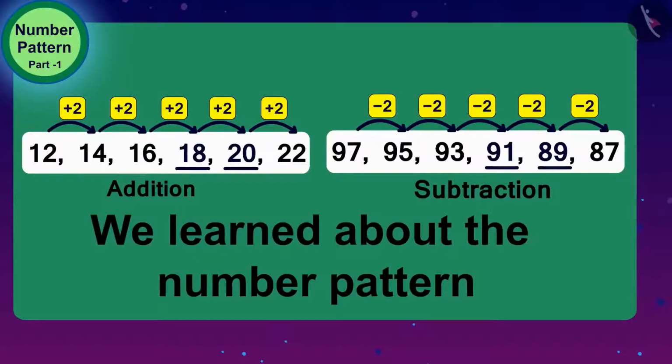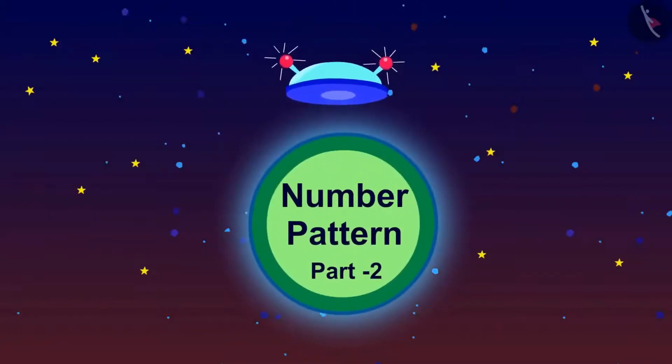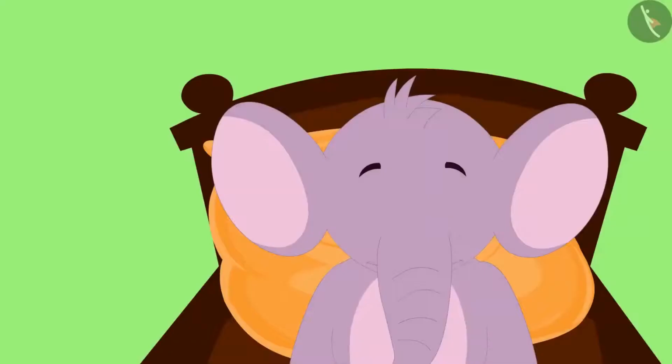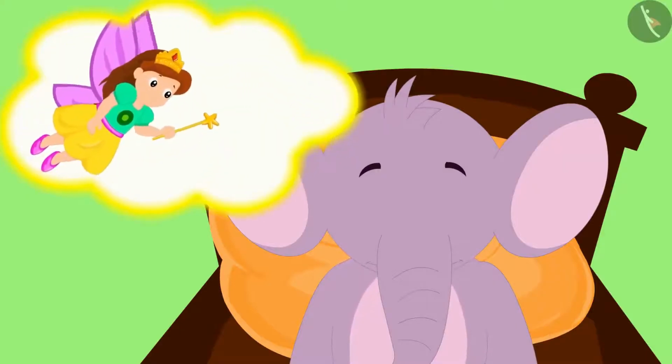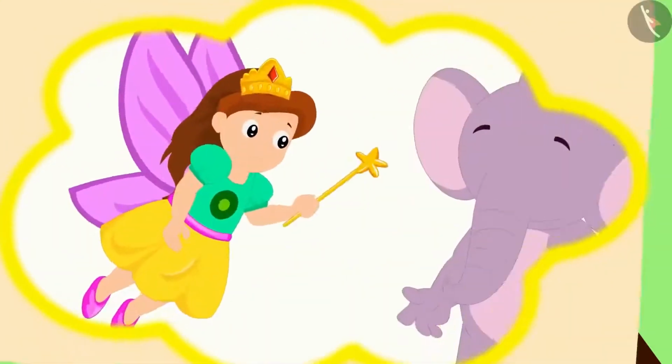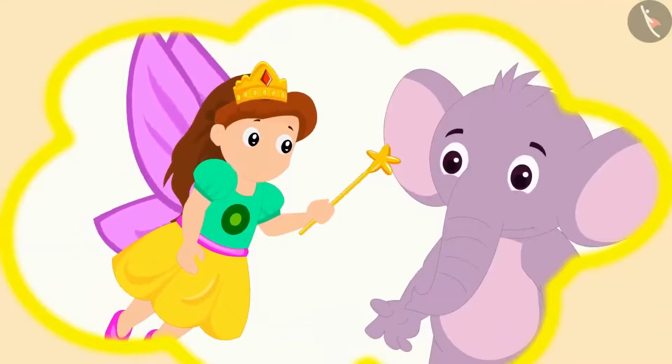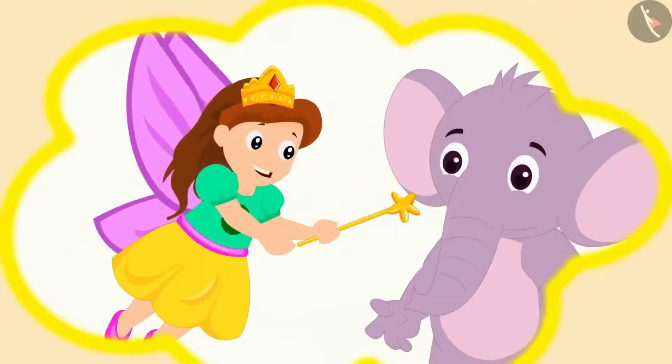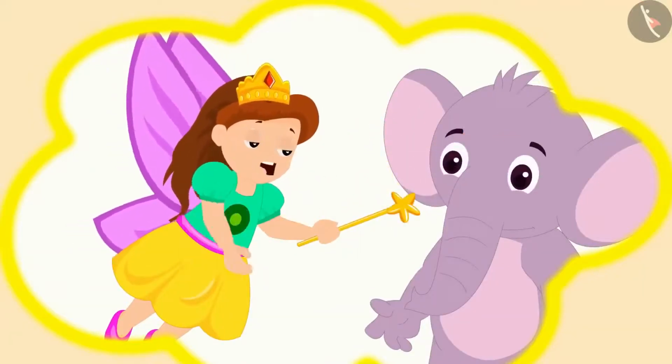In the previous video, we learned about the number pattern. In this video, we will learn about some more unique number patterns. One day, Appu was fast asleep. In his dream came an angel. The angel said to Appu, I will ask you some questions.